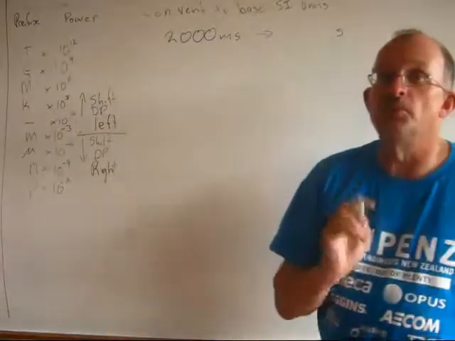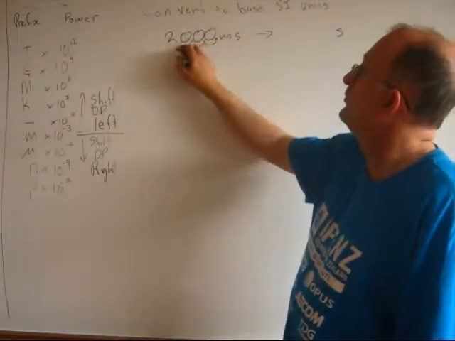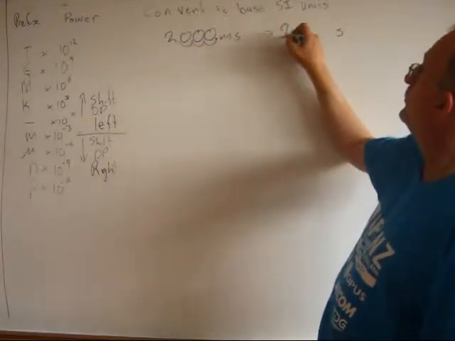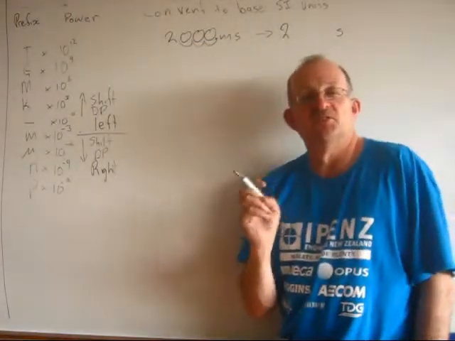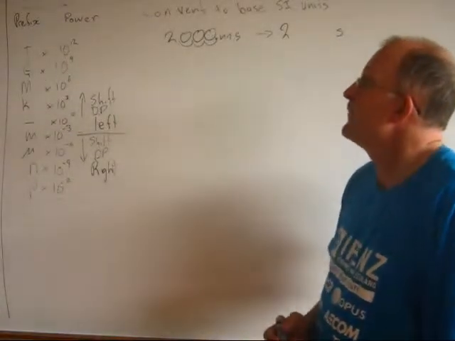So we're going to shift the decimal point 3 places. Which direction? We're going from a small unit to a bigger unit, so we shift the decimal point to the left. If it starts there, we shift it 1, 2, 3. So that means it's 2 seconds. 2000 milliseconds is 2 seconds. That seems reasonable. Let's try another one.